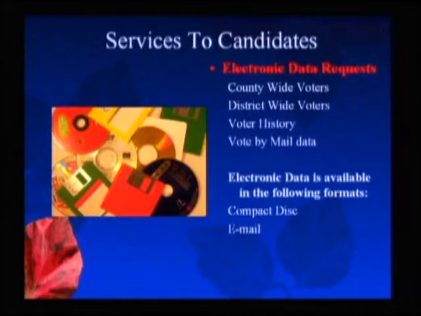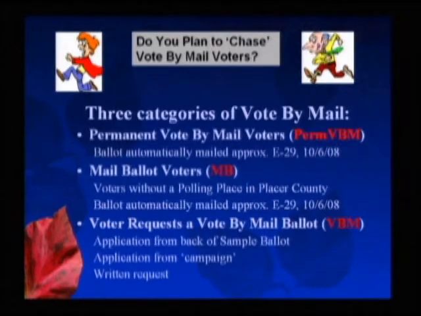We're no longer absentee voters, we're vote by mail. And there's 3 different categories of vote by mail voters. The permanent vote by mail voters is those of us who have checked that box that says, every election, I want you to send me a ballot in the mail. We're permanent vote by mail voters.